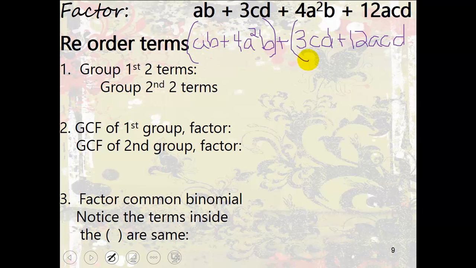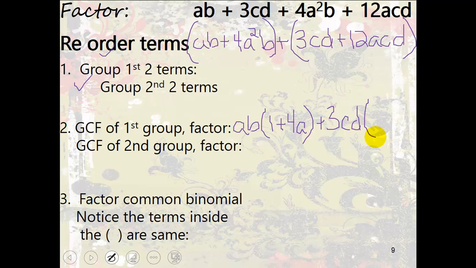I'm going to factor out an a and a b from the first group, and that leaves me 1 plus 4a. And then I'm going to factor out a 3cd, which leaves me 1 plus 4a on the inside.